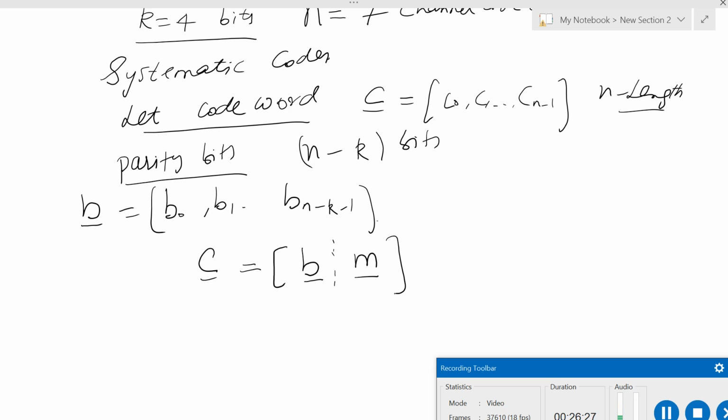Okay. Or, to write it in detail, this C is C0 up to Cn minus 1.